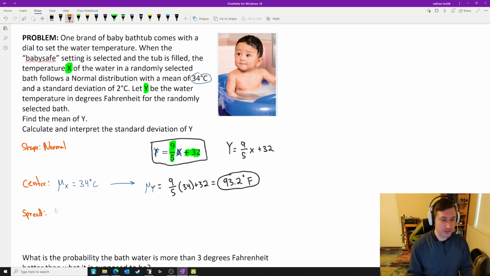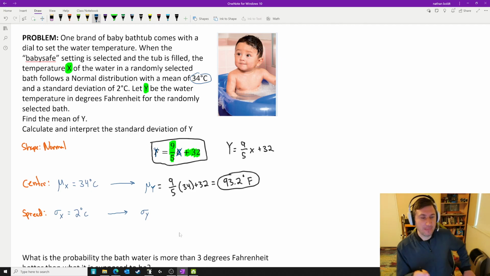The old standard deviation of the variable x was equal to 2 degrees. We're going to convert that into Fahrenheit and find the standard deviation of our variable y, which is going to be in Fahrenheit.